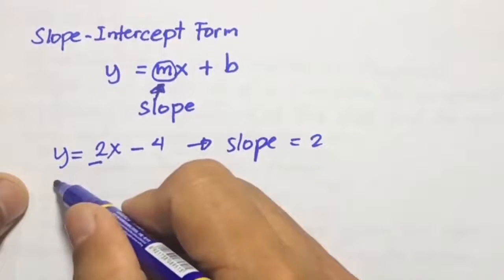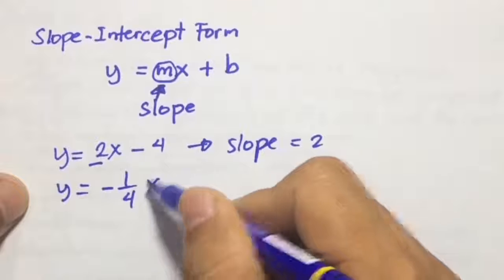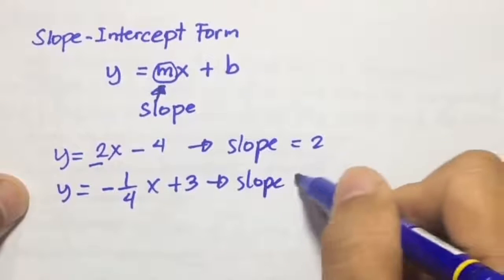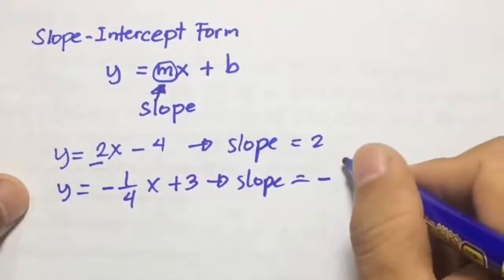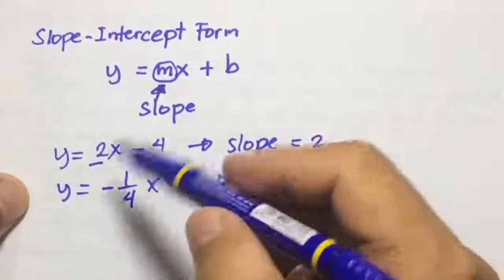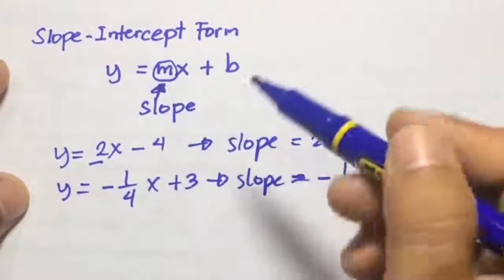Another example, if we're going to have y equals negative 1/4 x plus 3, so the slope here is equal to negative 1/4.